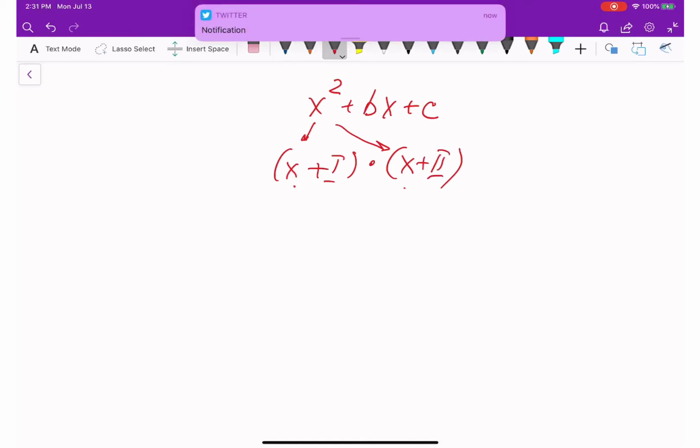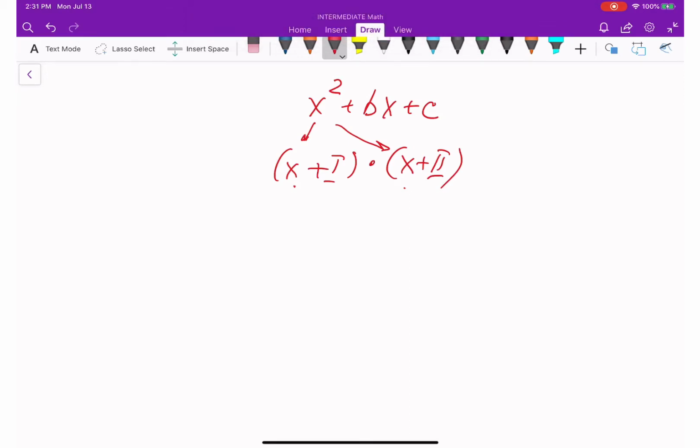So our job is to figure out what these first and second numbers are, so we can factor the expression x squared plus bx plus c. All right.